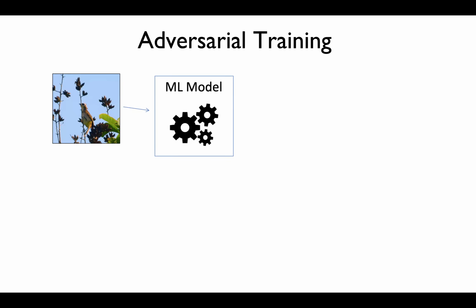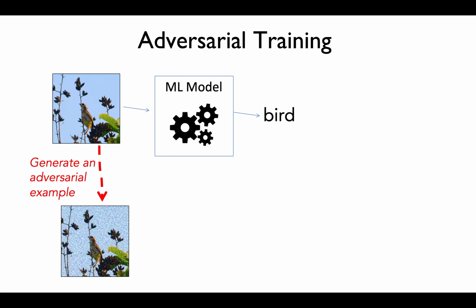So let's see what adversarial training looks like. As an example, this is an image of a bird which is fed into a machine learning model, and it is told that this is a bird. But then using the methods that were shown earlier for creating adversarial examples, you can perturb the image, create an adversarial example, but then also show this to the ML model during its training.